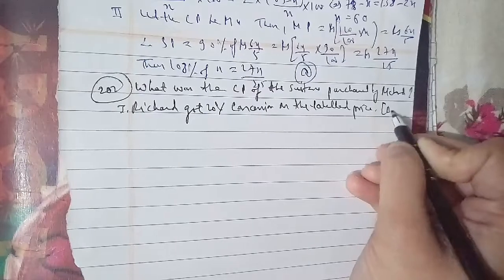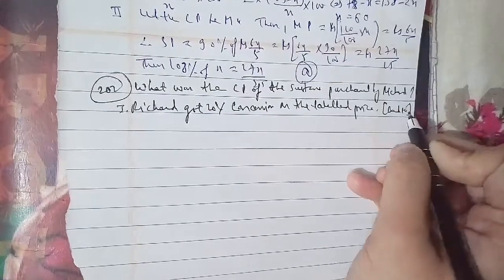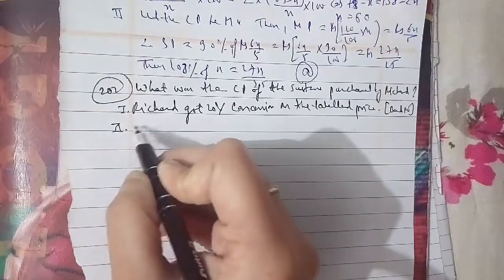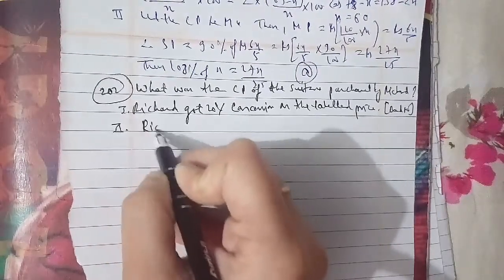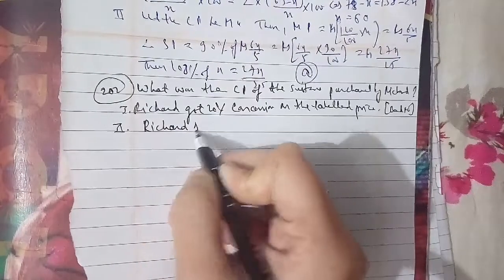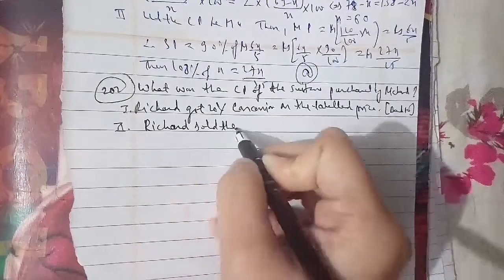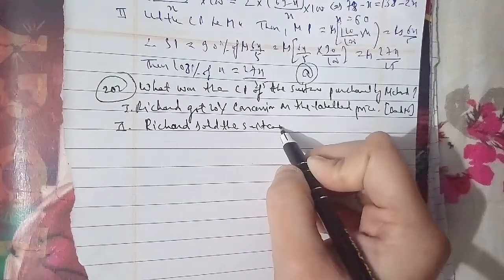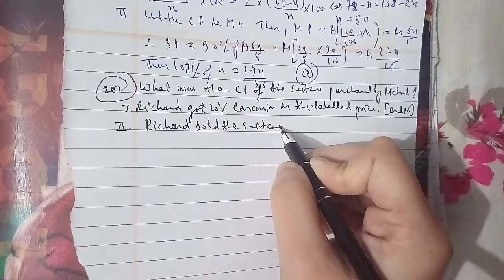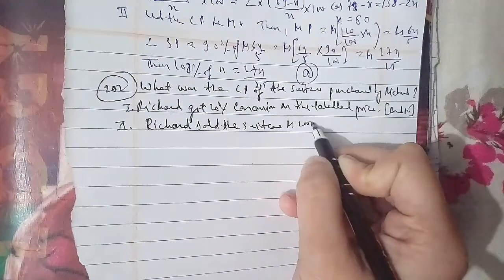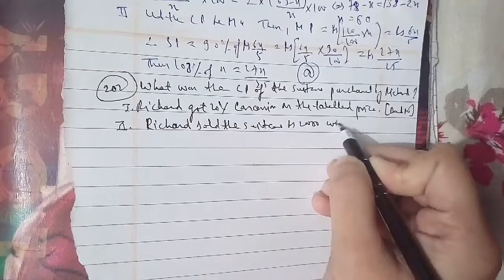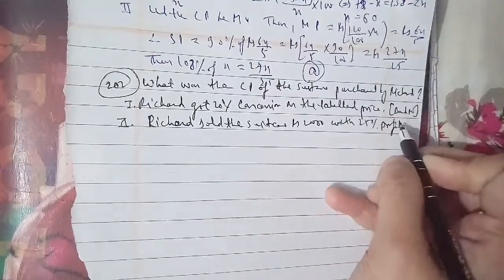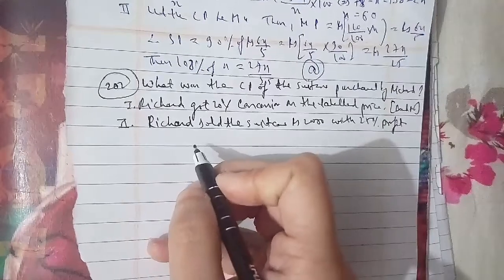The second statement for the same is, Richard sold the suitcase here for rupees 2000 with 25% profit on the labeled price.